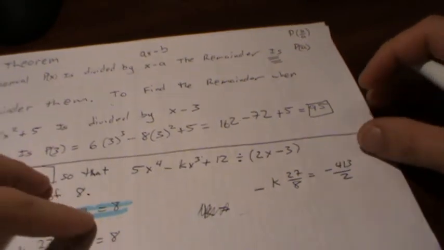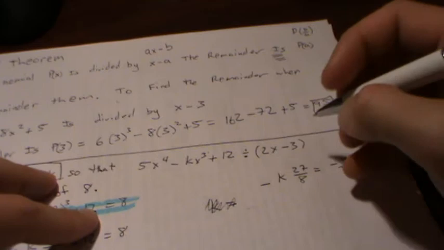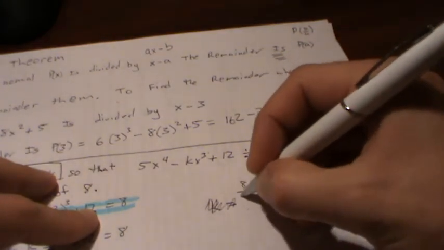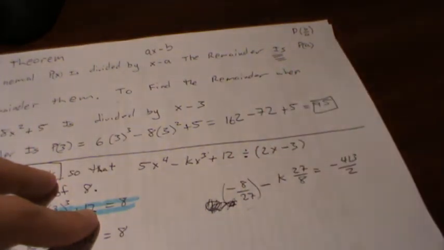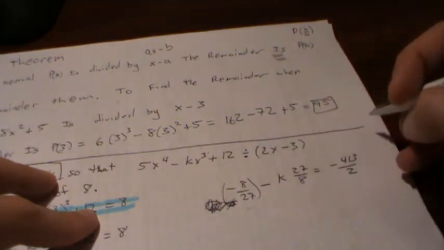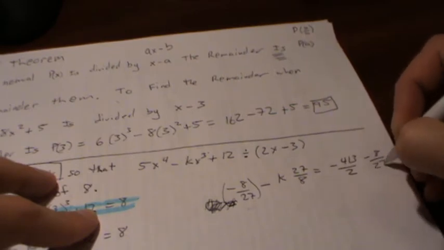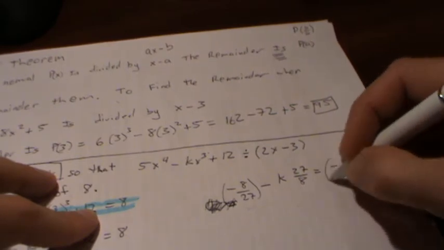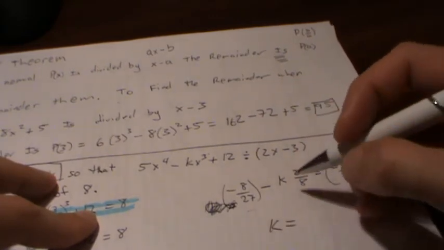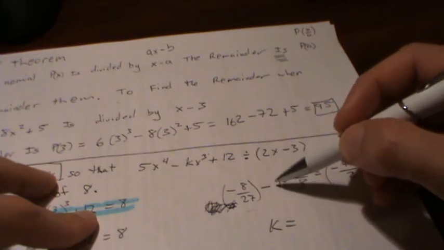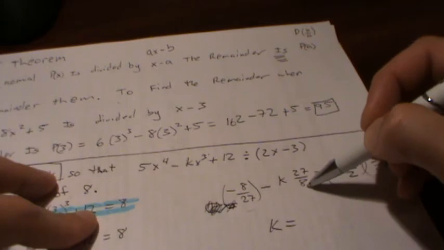And so now, in order to solve for k in this situation, I'm going to multiply by negative 8/27. The k value that I'm interested in is, notice how, since I've multiplied, this was a negative k times 27/8.